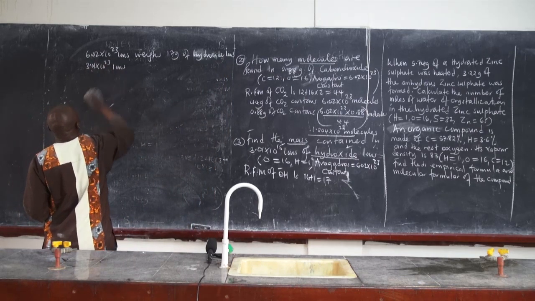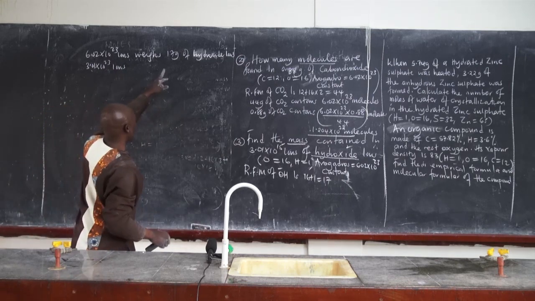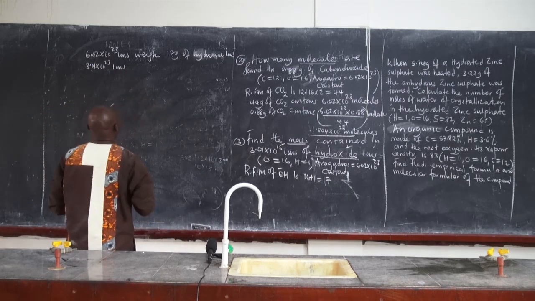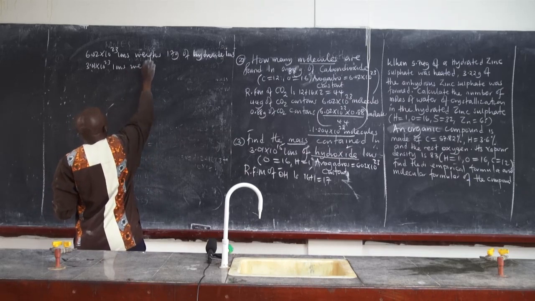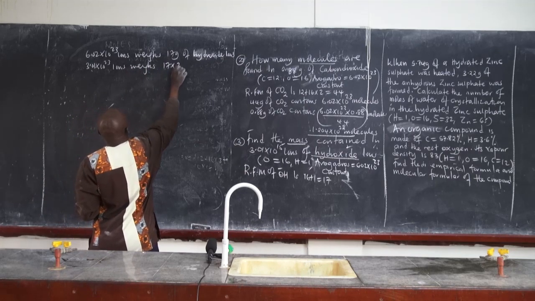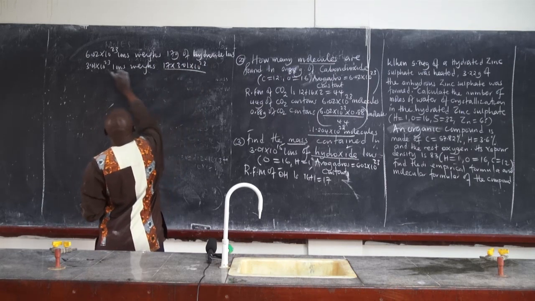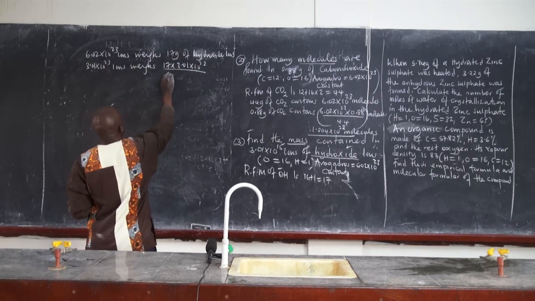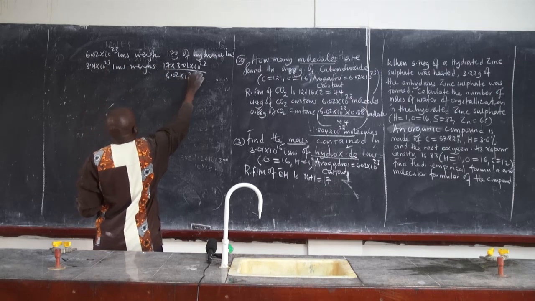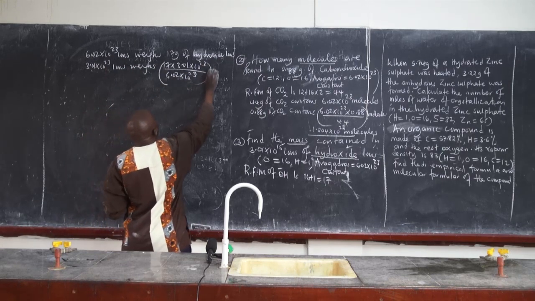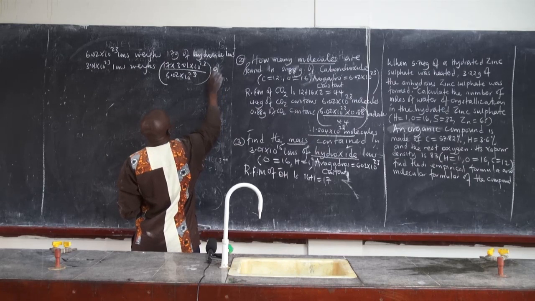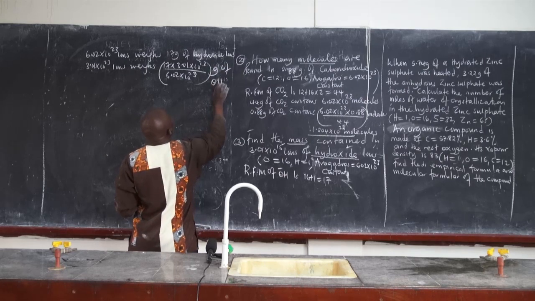You start with what you have. I wouldn't start with 17 since I'm looking for mass. So you just cross multiply: 17 times 3.01 times 10 power 23, divided by 6.02 times 10 power 23, gives grams of OH ions.